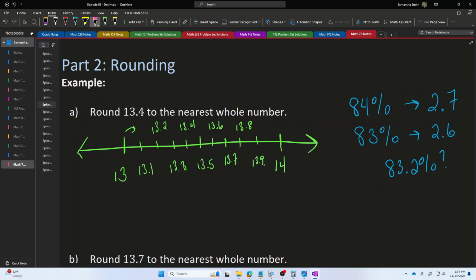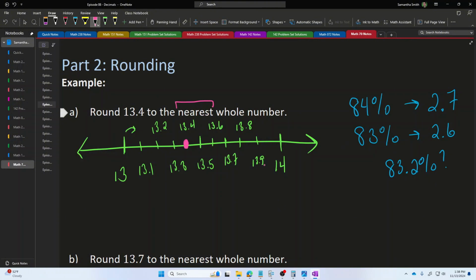Now, if I put a dot on this number line at 13.4, and I ask myself, literally in this picture, what whole number is as close to 13.4 as possible? I can see that 13 is just a little bit closer to 13.4 than 14 on the other side.